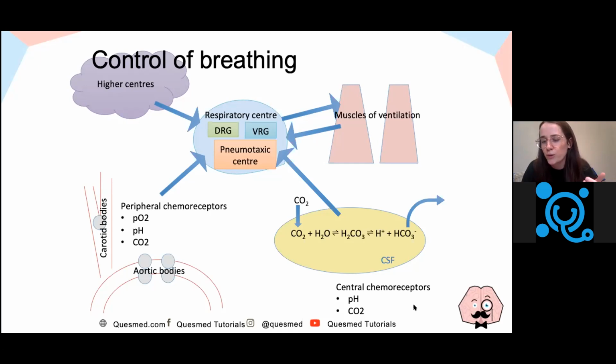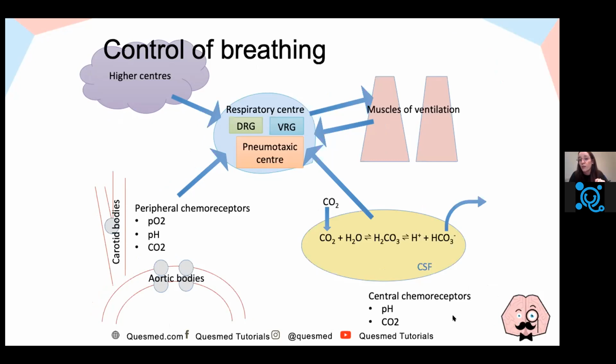Other ones are drugs such as those which we use to send people to sleep, so our anaesthetic drugs, and any drugs which can affect the muscles, preventing people from being able to ventilate. So there'll be loads of different drugs which can affect the control of breathing, which goes beyond the scope of this lecture, which is just focusing on the core physiology.